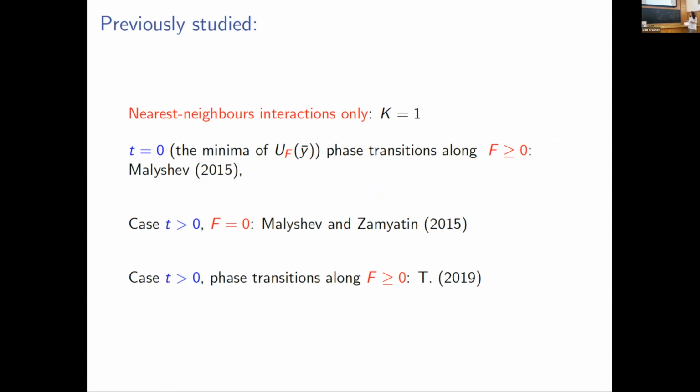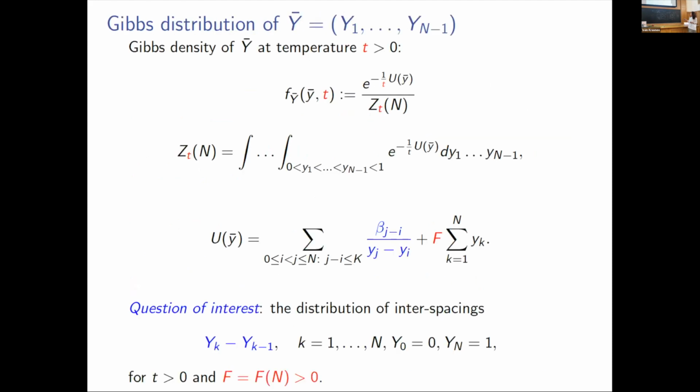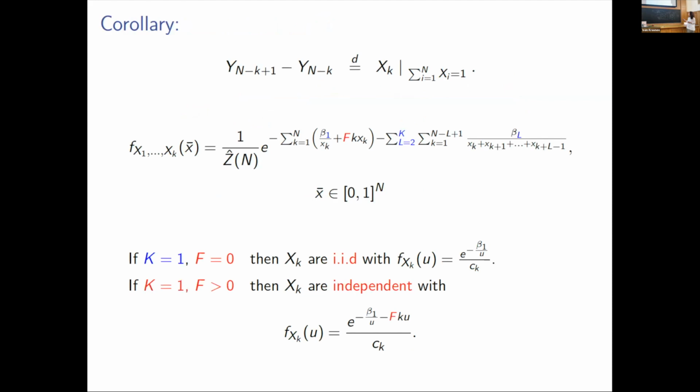Here is where the inverse temperature T came into place: if the temperature is 0, the whole measure would be concentrated in the minima of U. Therefore the minima of U provide the ground states.